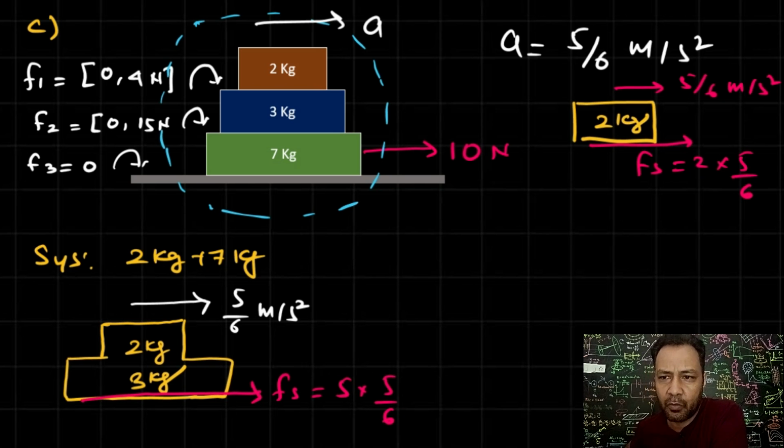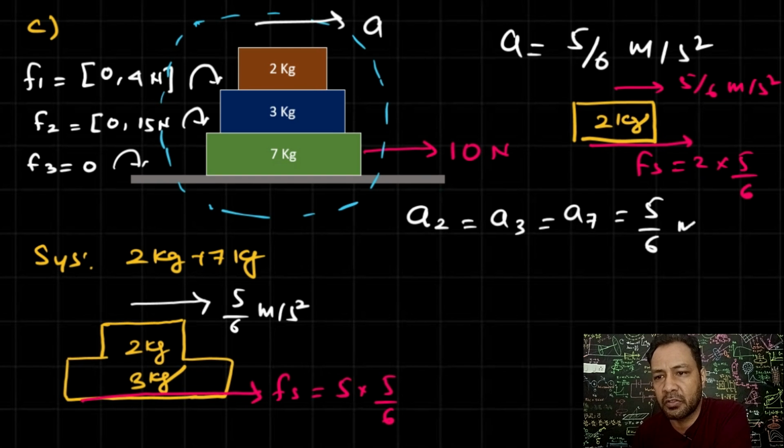So here also there is no slipping between 2 kg and 3 kg, and no slipping between 3 kg and 7 kg. So there is no slipping between either block, and all three blocks will move with the same common acceleration. So the magnitude of acceleration in this case would be the same: A2 is equal to A3 is equal to A7, and that will be 5 by 6 meter per second square.